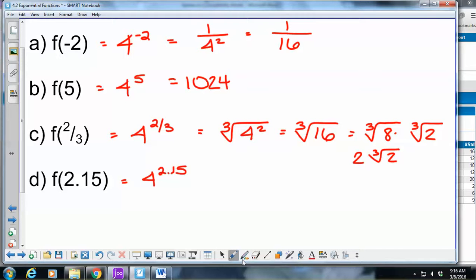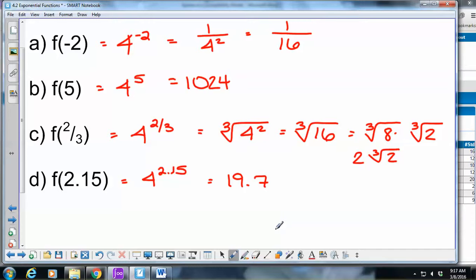And what do you get? 19.7. And that's approximately, right? You had to round that. It wasn't a pretty answer. Okay, so we can evaluate any exponent.